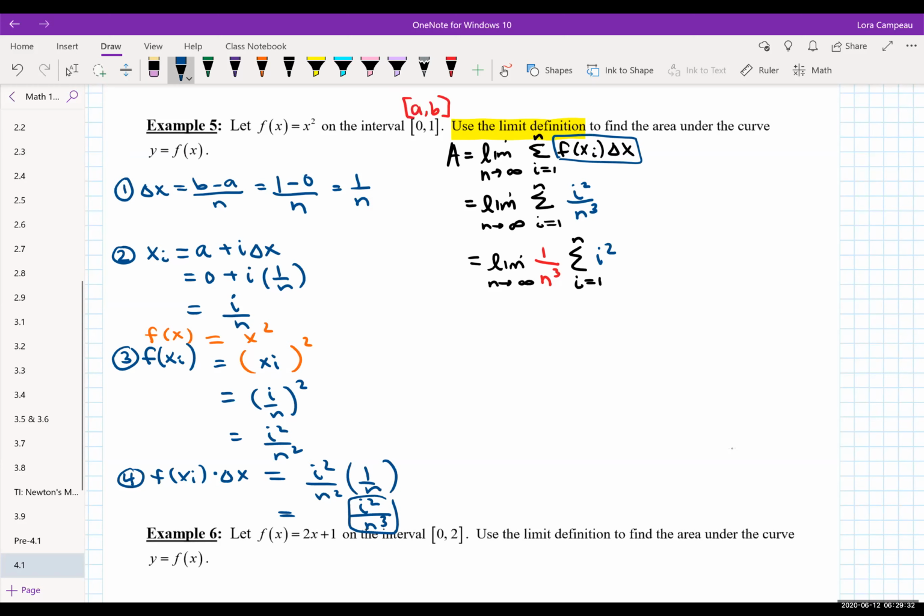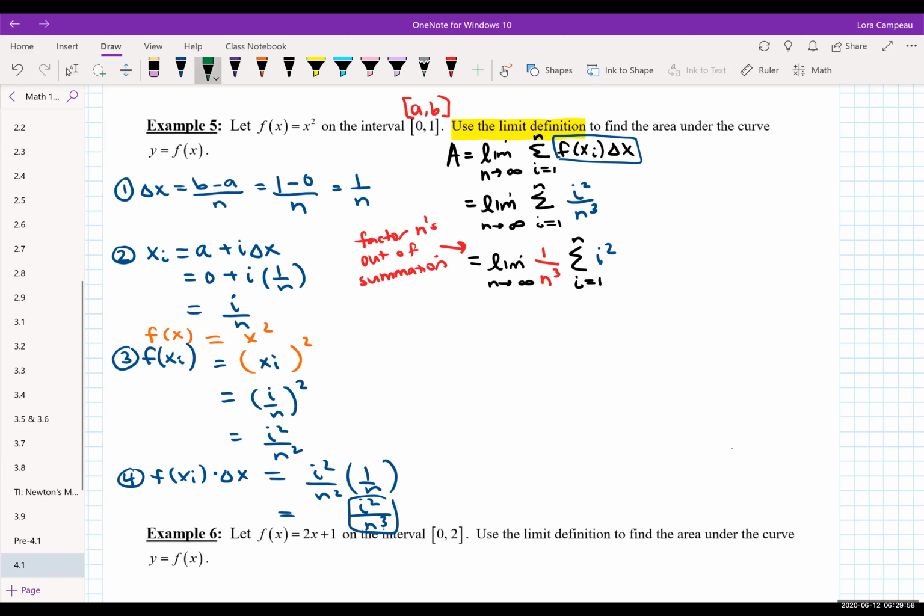So if you want to write a note right here, what did I just do with this step? I factored any n's out of the summation notation. A nice little technique there.